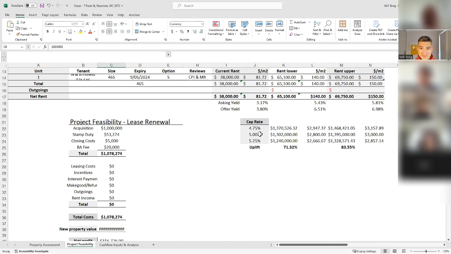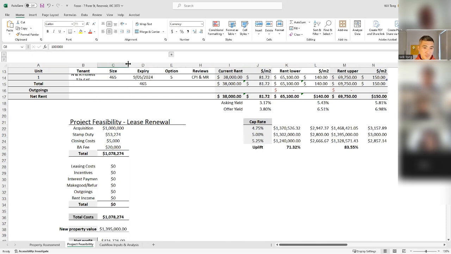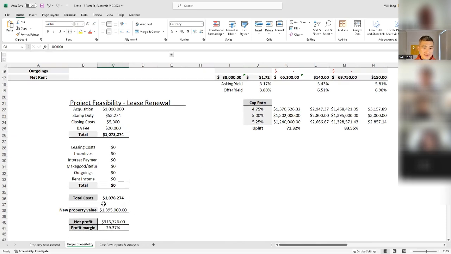Based on the adopted cap rate of 5%, which is what we feel the property would be, that's the new valuation. And after all your acquisition costs and so forth, you're about 300 grand in front. And this one is done immediately. So not like the one in Wakehall, where we have to wait 3 years for the rental reversion. This one is done in a matter of a few months.